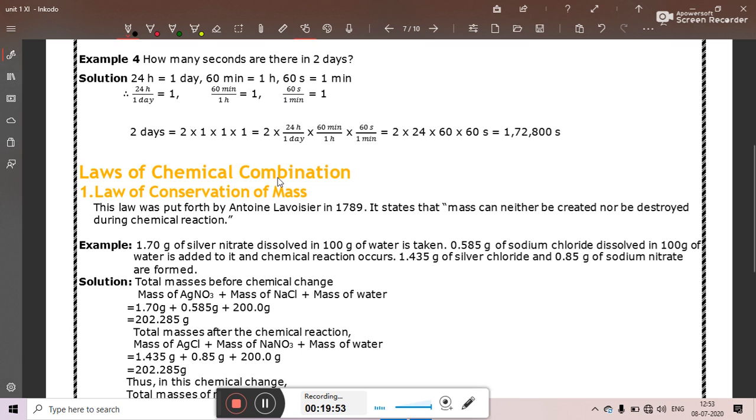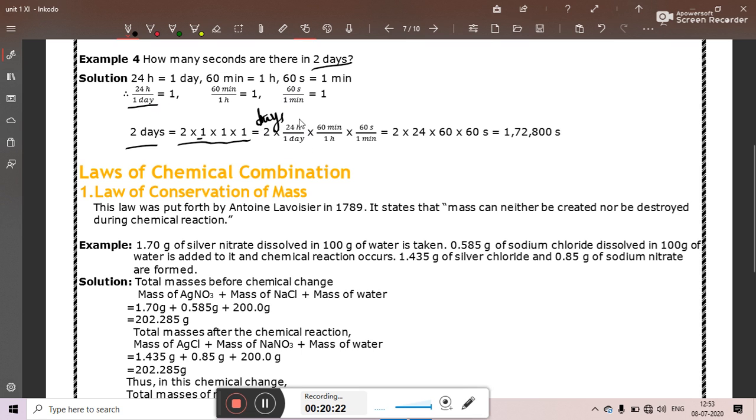Now 2 days can be written as 2 into 1 into 1 into 1. In our question we are having 2 days. Now if we want to cancel out days, there should be day in the denominator, so instead of 1 we will use this ratio, that is into 24 hour upon 1 day.